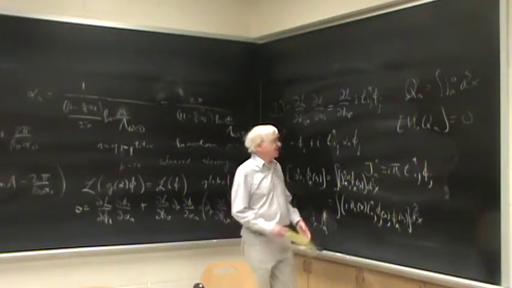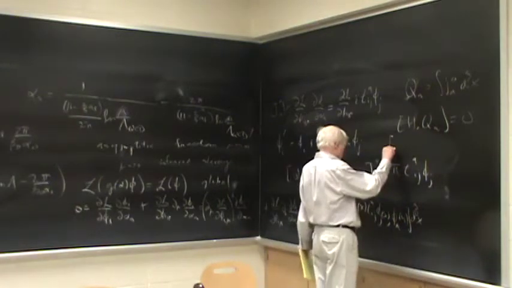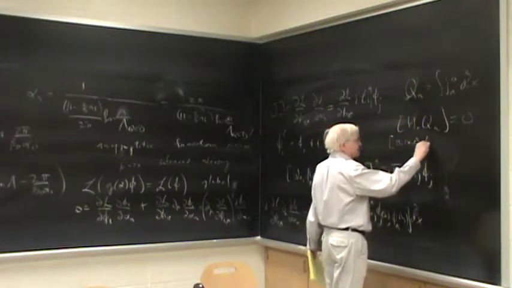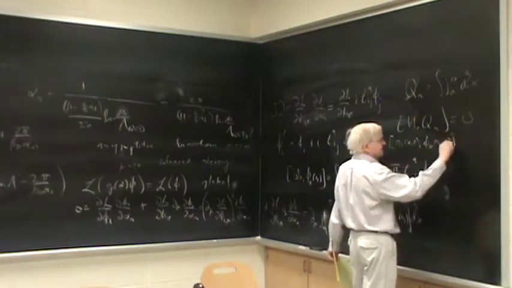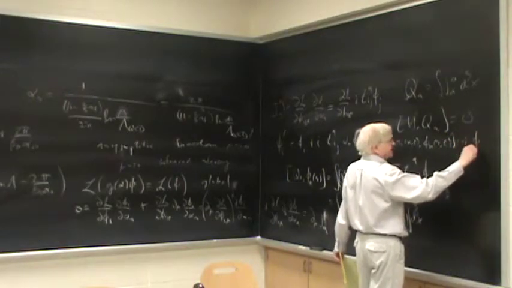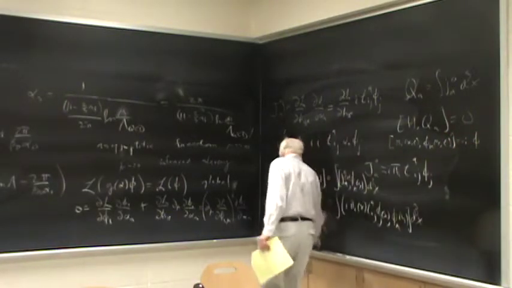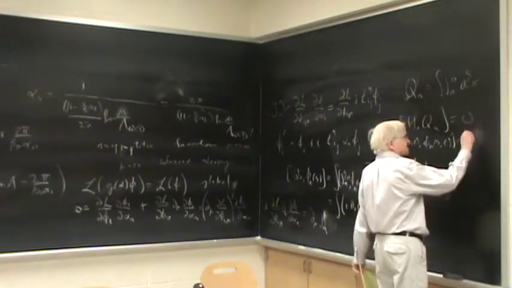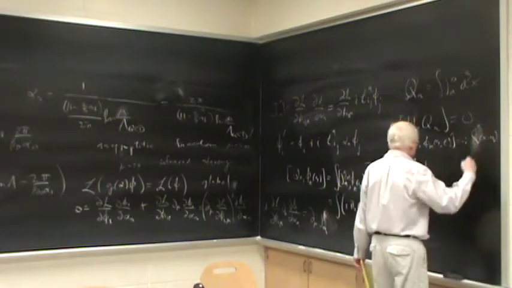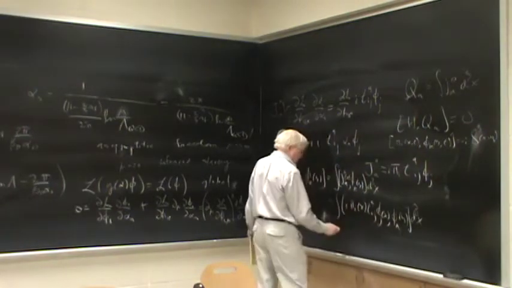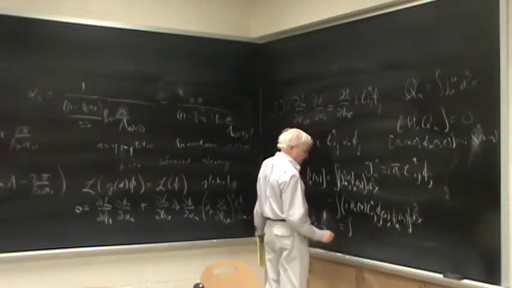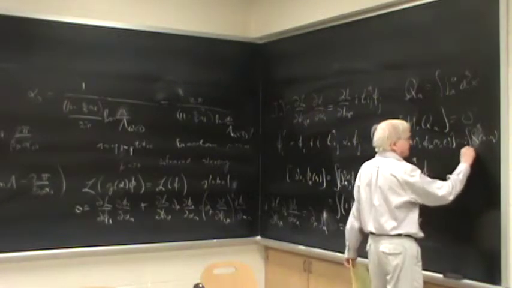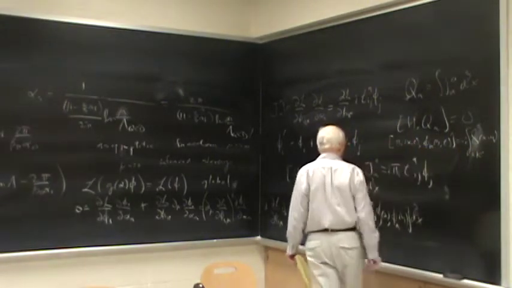And so then we have the canonical commutation relation, namely the commutator of pi_i of x and t with phi_k of y and t is minus i delta cubed of x minus y. The i times the minus i is just 1, and we have delta_ik, because the i and the k have to match.